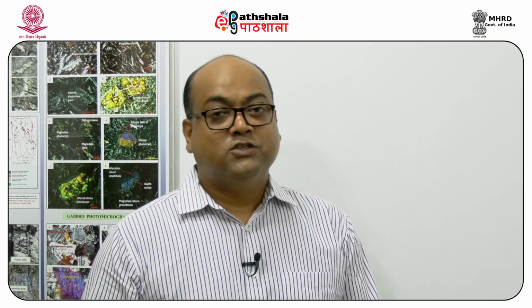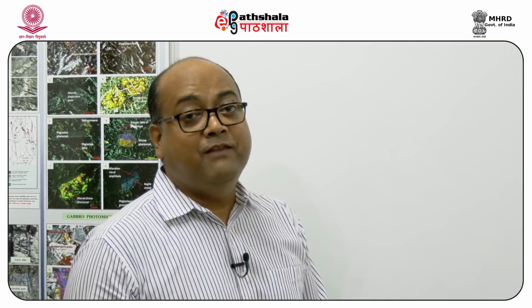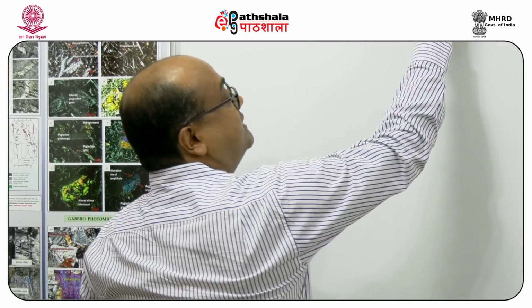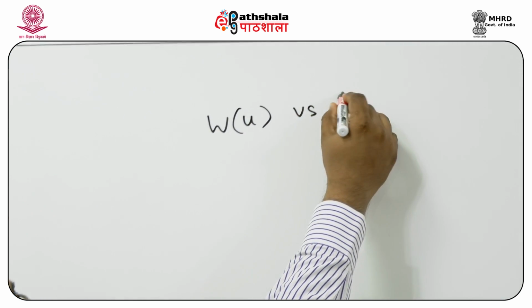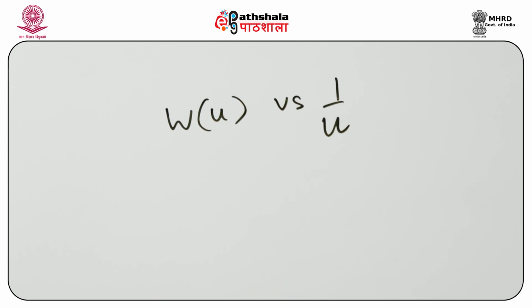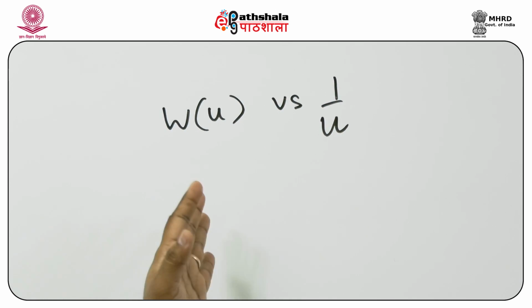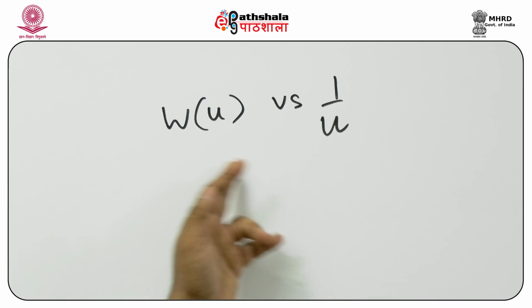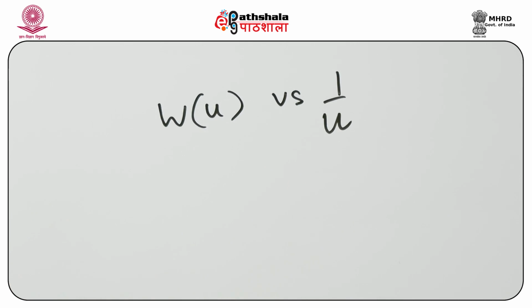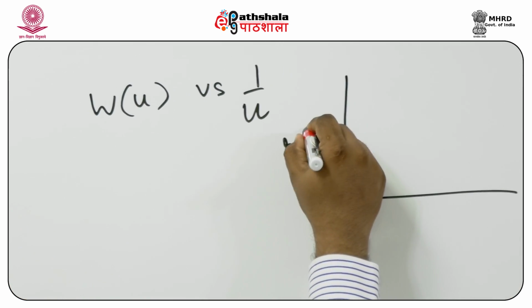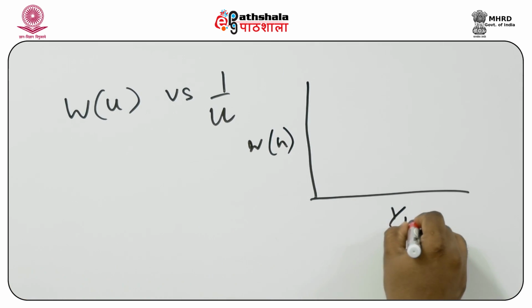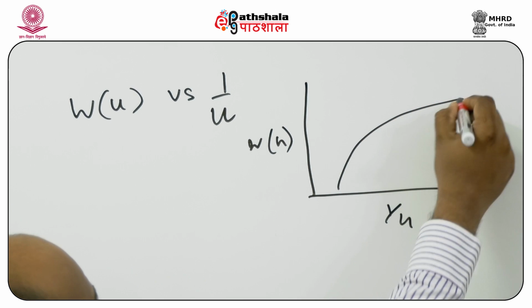Now, when we have the well function W(u), and we plot the well function versus the inverse of u, 1/u, on fully logarithmic paper, meaning both values are in log scale, the curve that is formed looks like this.